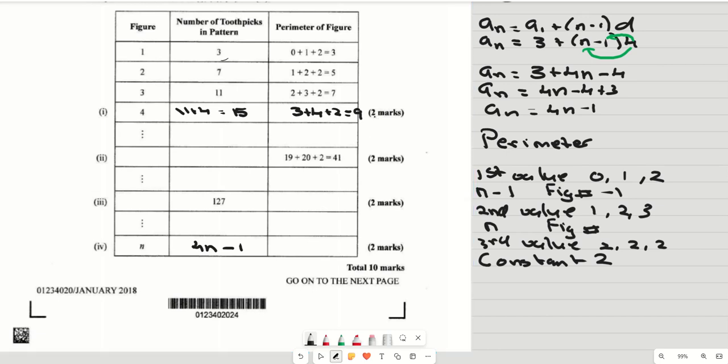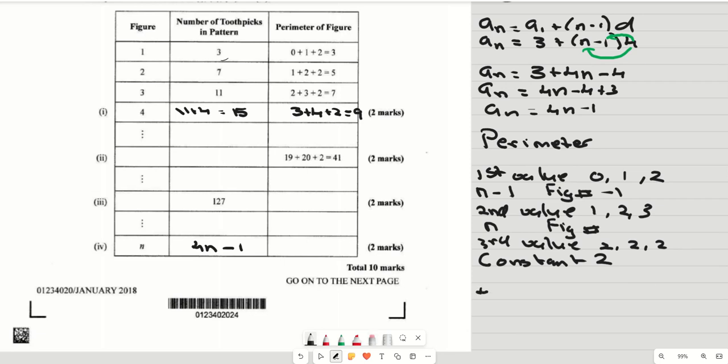So we could say that you're going to find the formula for an, which is equal to a1 plus n minus 1 by d, right? Hold on, I didn't put it, this is your fourth values.